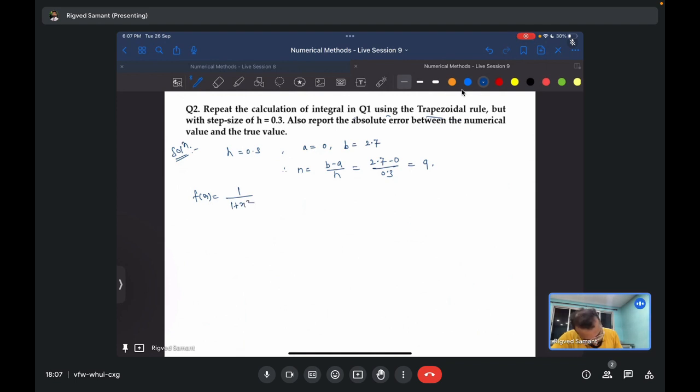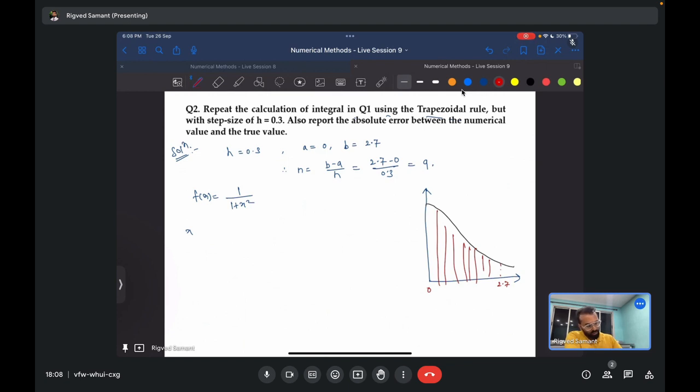So you will go from x equal to 0 to 2.7, and these are the 9 equidistant intervals.